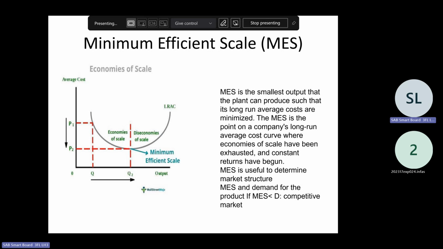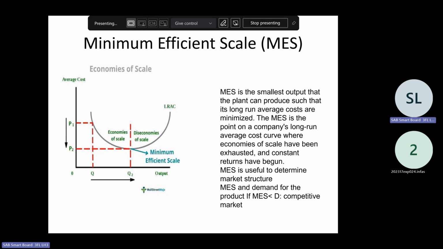Here the minimum efficient scale indicates the output produced by a particular firm in the long run. So that is the size of the business in the long run, that is, how much market share the particular firm has. That indicates the competition in the market.